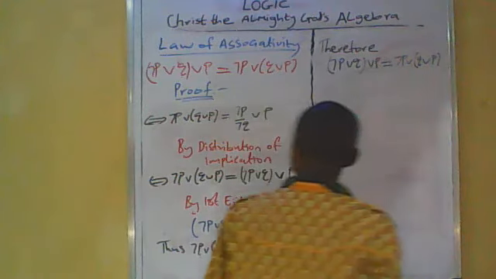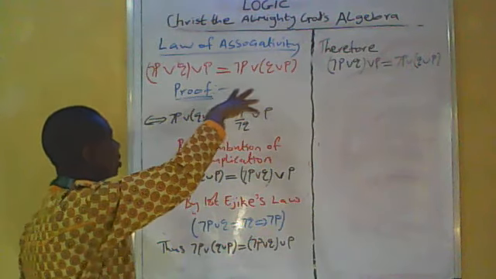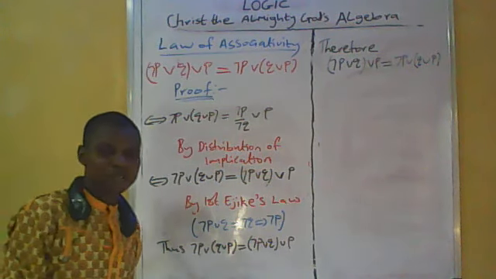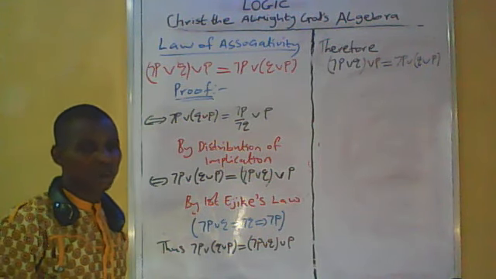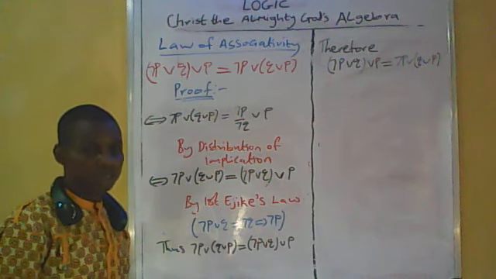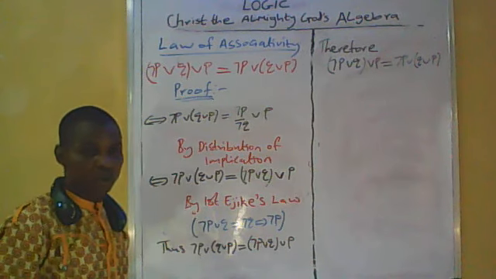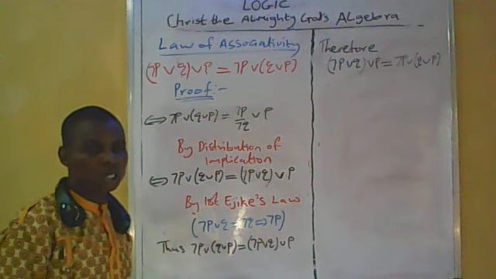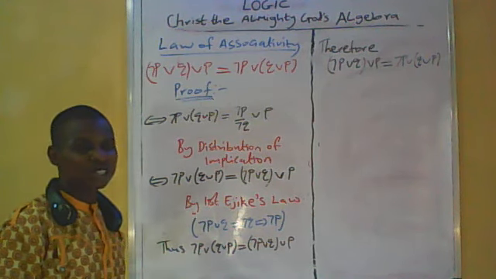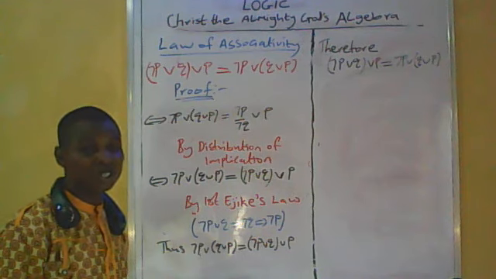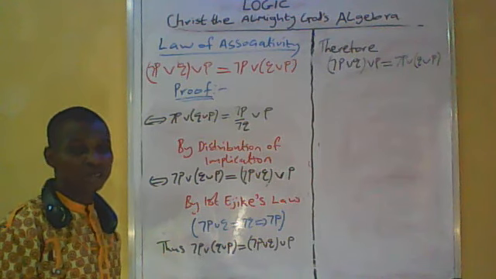So we have now proved that the law of associativity exists in disjunctive statements, as it exists in conjunctive statements. We have now proved the converse to show that it is a law. So at this juncture, I withdraw our curtain. Thank you, viewers.